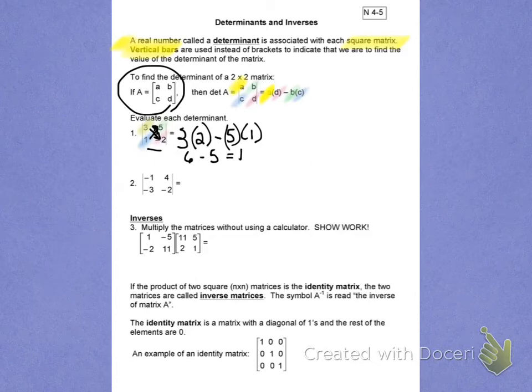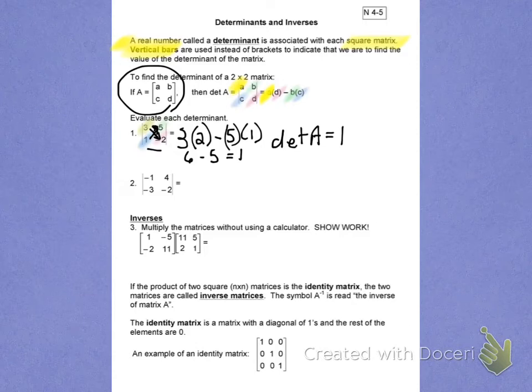So the value of the determinant is 1. The way you would write that answer is the determinant of A equals 1. Just multiply the first diagonal, then subtract the second diagonal.